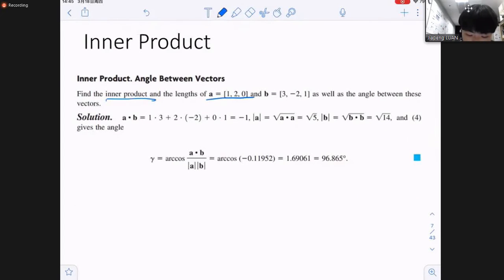You have A and B. So A dot B, you multiply these three pairs and add them together. Then you have a -1. So you can see this is scalar. You can never get a vector from a dot product.